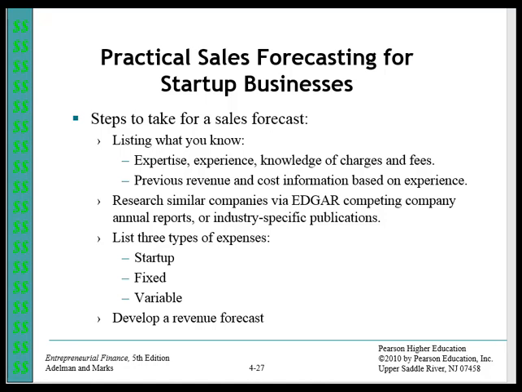Now, when you're starting a business, this is extremely difficult. We need to have data to make predictions. So without a history, getting this started creates a lot of uncertainty in our predictive models.